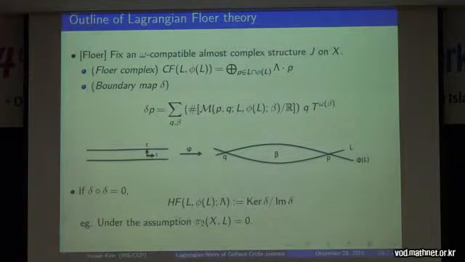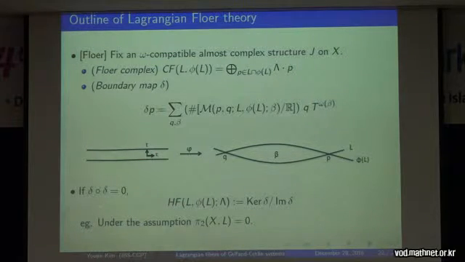Let's assume that L and its perturbation intersect transversally, and the boundary map will be defined by counting certain moduli spaces of pseudo-holomorphic strips.